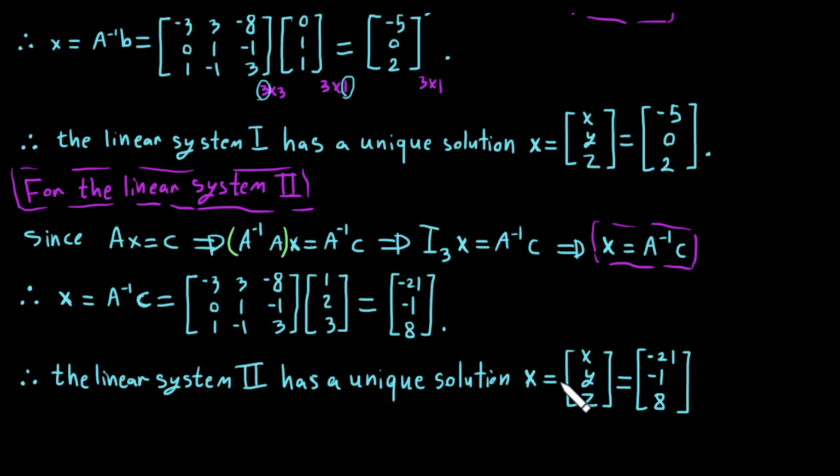So the linear system 2 has a unique solution, which is -21, -1, 8.